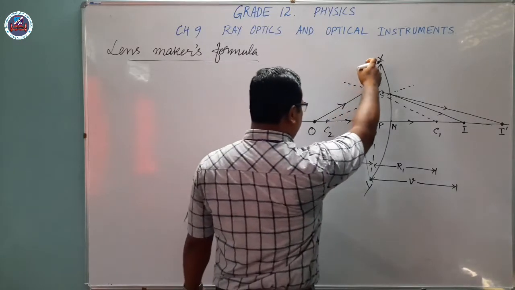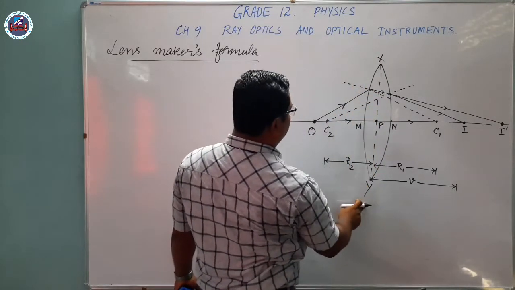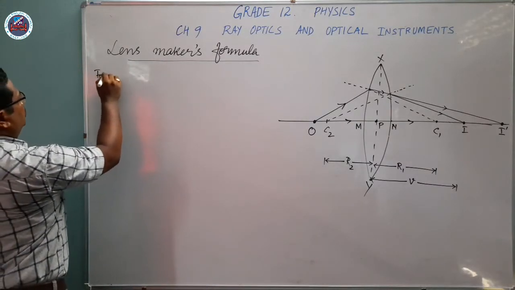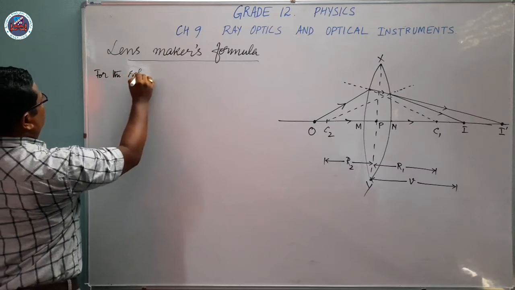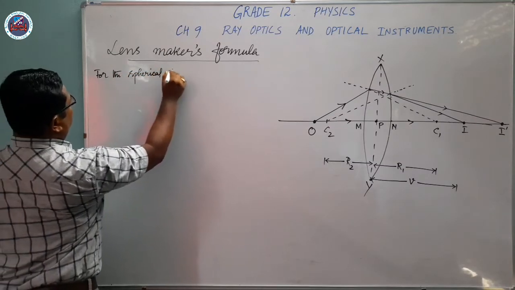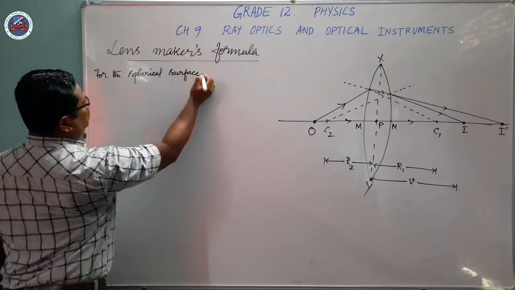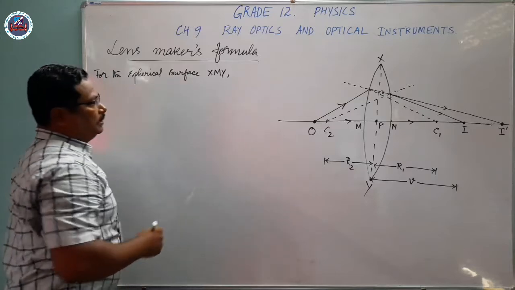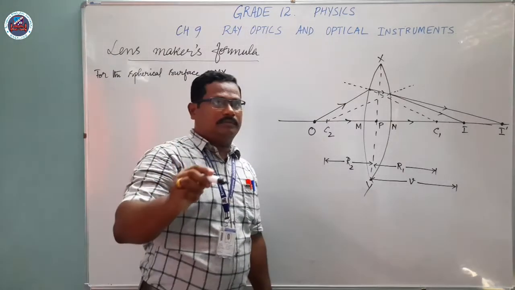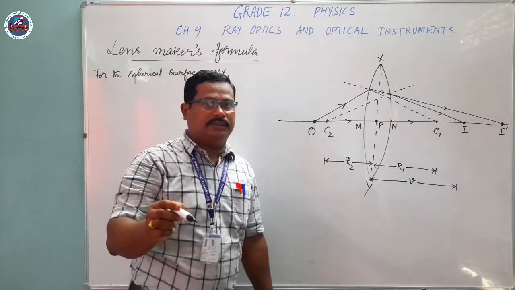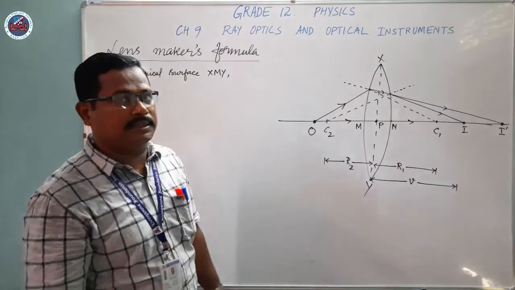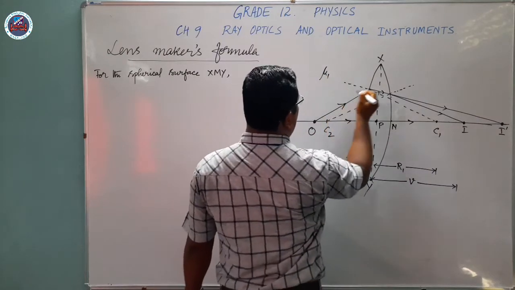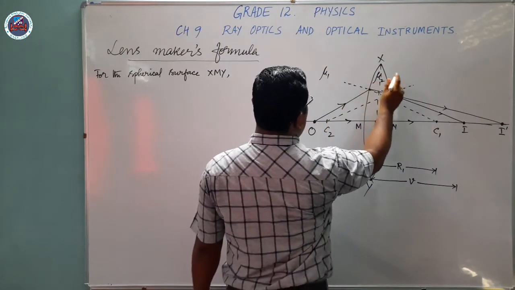Now for the first surface X, M, Y, for the spherical surface, you will use the formula that we have derived for spherical surfaces. So here is air, so the refractive index of air we will take as mu1. This is glass, the refractive index we will take as mu2.